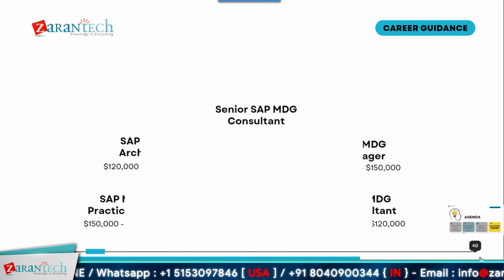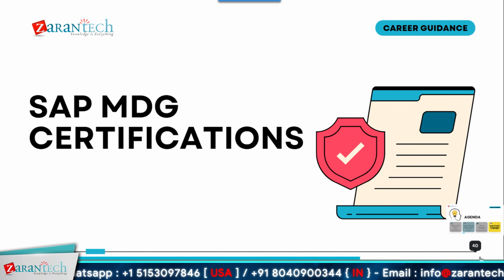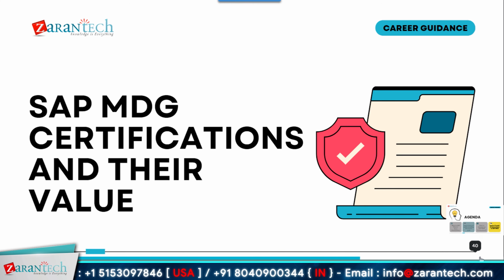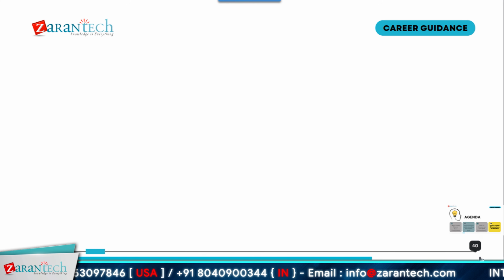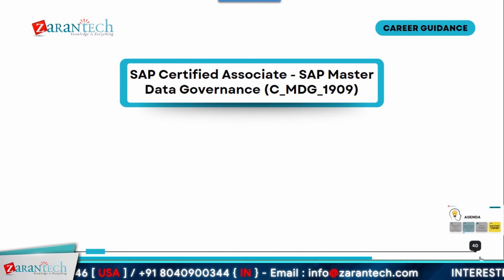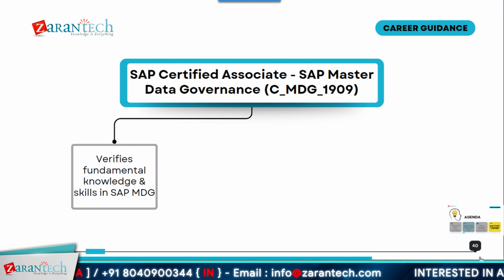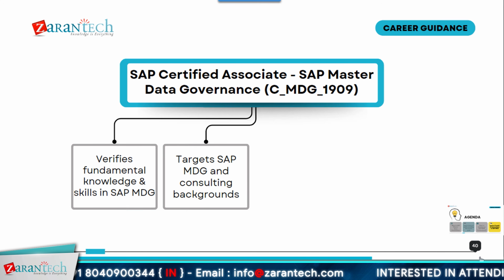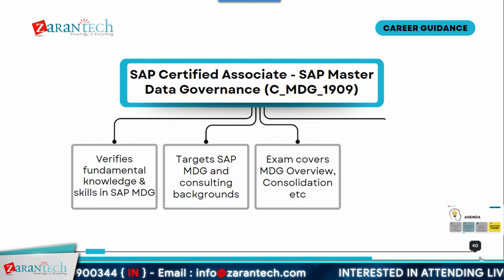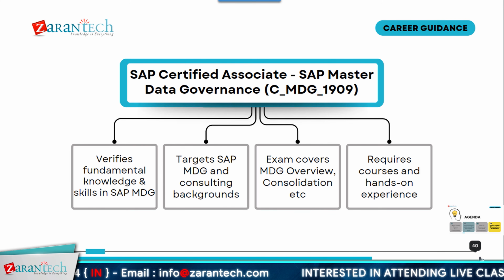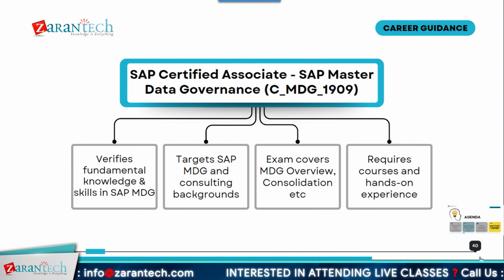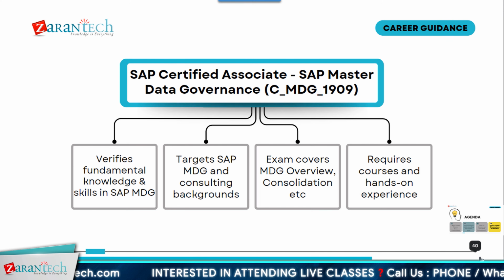Now moving on, let's talk about SAP MDG certifications and their value. SAP Certified Associate, SAP Master Data Governance credentials, also known as C_MDG_1909, designed for professionals with backgrounds in SAP MDG or business consulting. This certification is your seal of foundational mastery in SAP Master Data Governance.